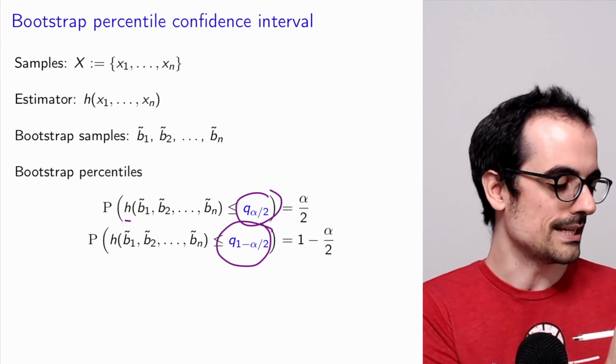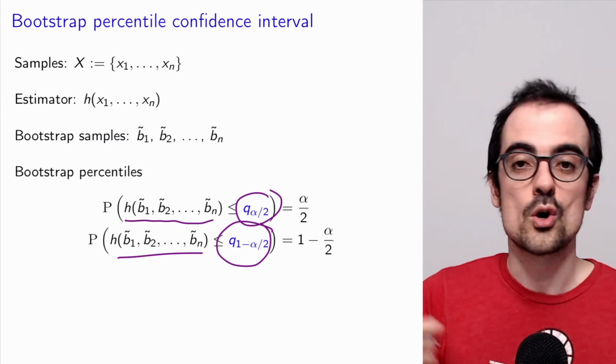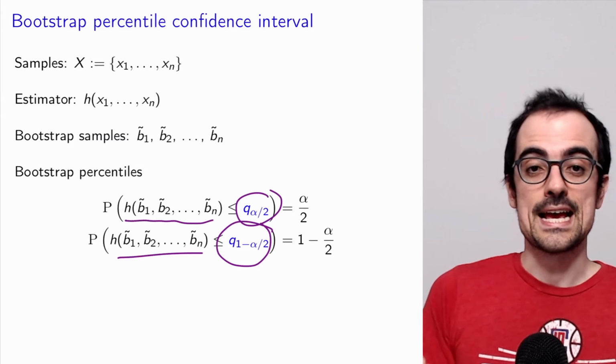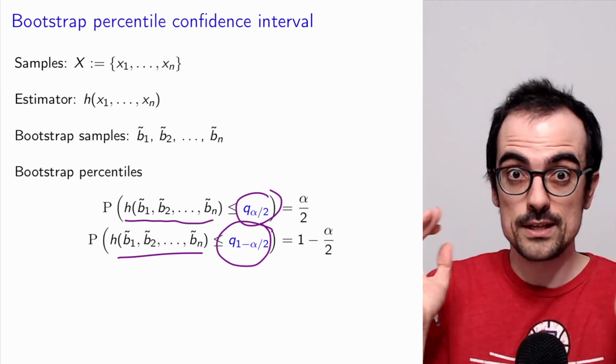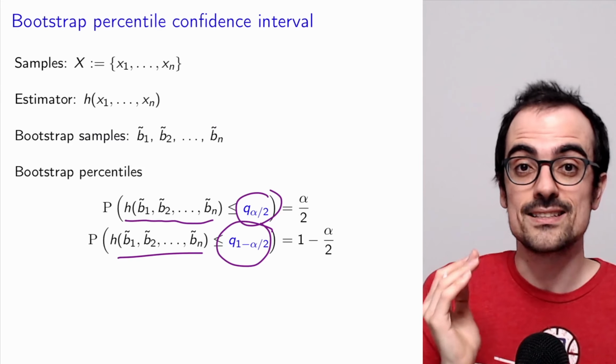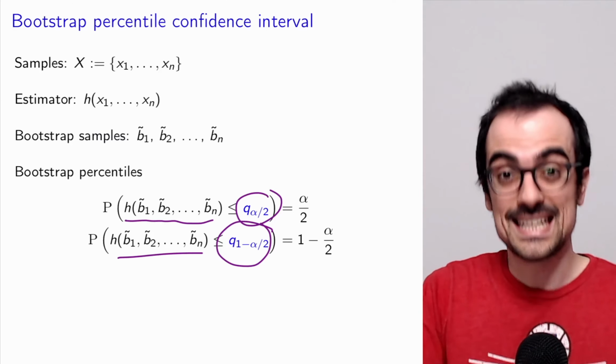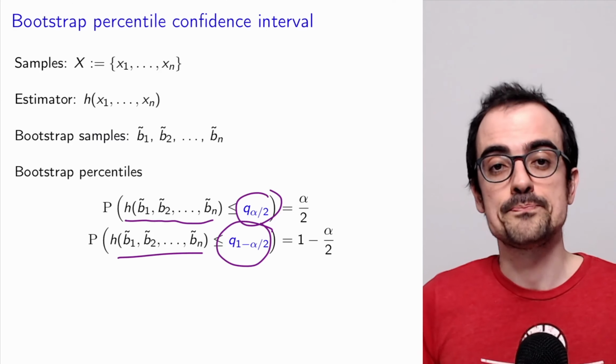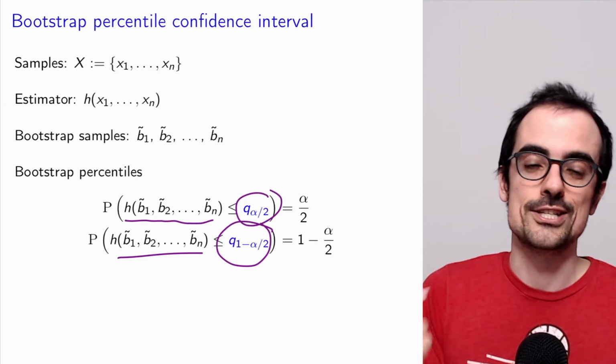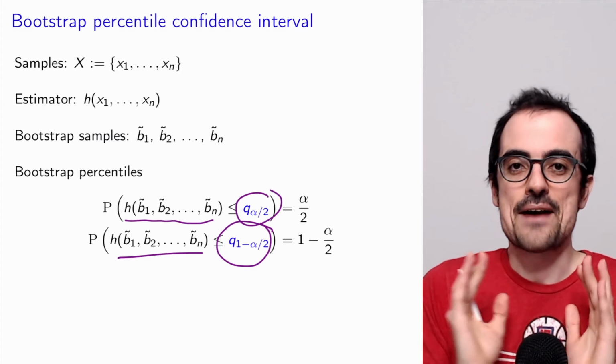So we need to compute the estimator from the bootstrap samples over and over. If we build an interval that contains these estimates obtained from the bootstrap samples with probability 0.95, then that is going to be a confidence interval for the original parameter under some assumptions.